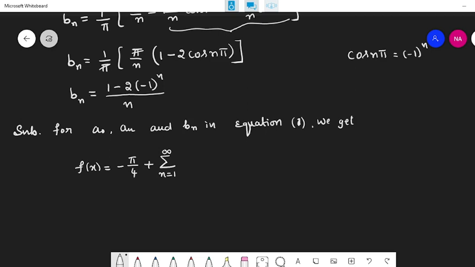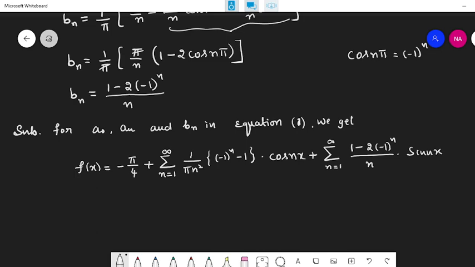that is minus 1 by pi n square. Okay, I'll write a second, 1 by pi n square times minus 1 power n minus 1, that is an into cos nx, plus summation n from 1 to infinity bn, that is 1 minus 2 into minus 1 power n divided by n into sin nx, right?